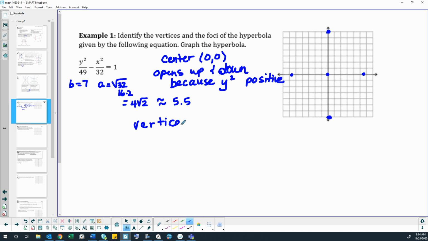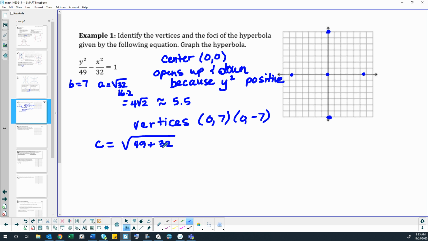Okay, so I didn't write down my vertices yet. Let's write those down. So our vertices are (0, 7) and (0, negative 7). Now we need to find our foci, so let's do that by using our formula. c squared equals 49 plus 32. So we're just taking b squared and a squared. I know the formula I gave you was a squared plus b squared, but when you're adding, the order doesn't matter.